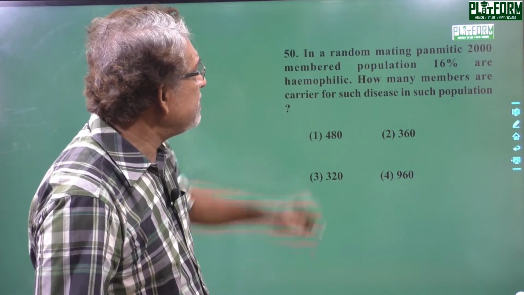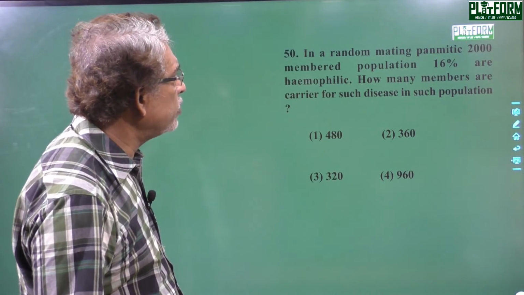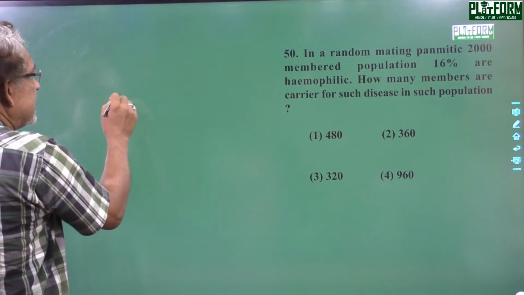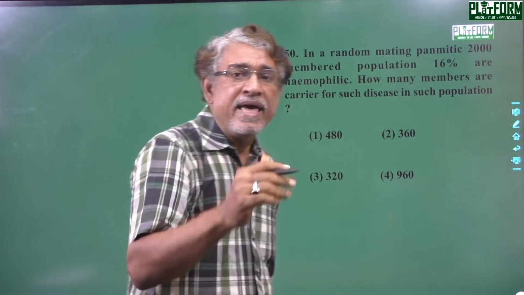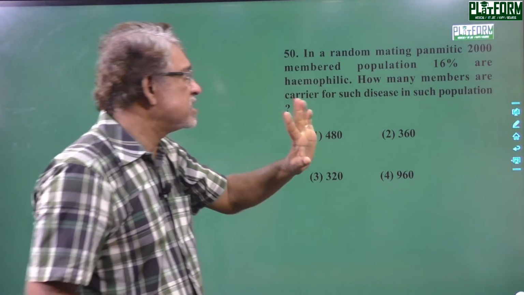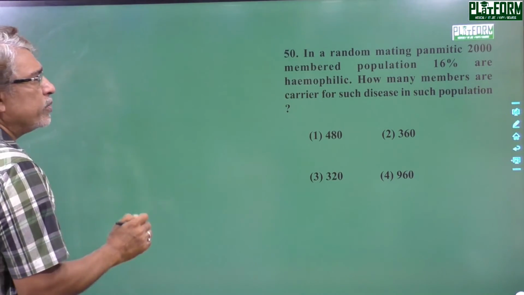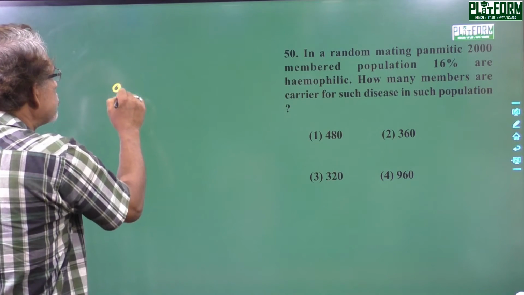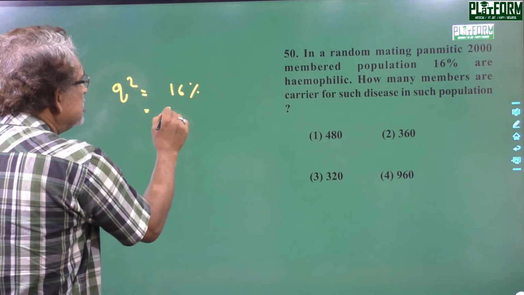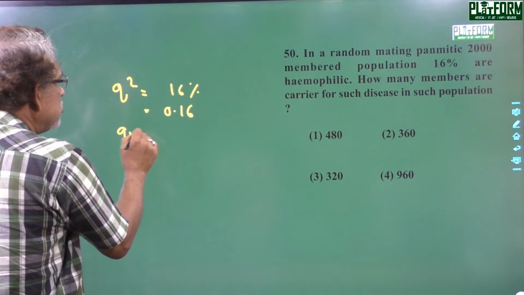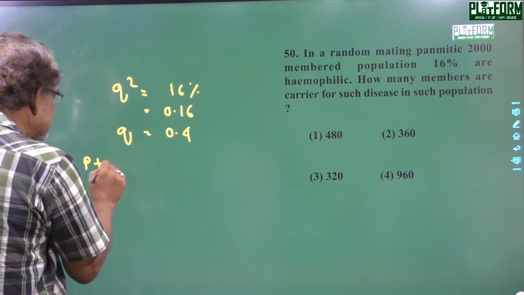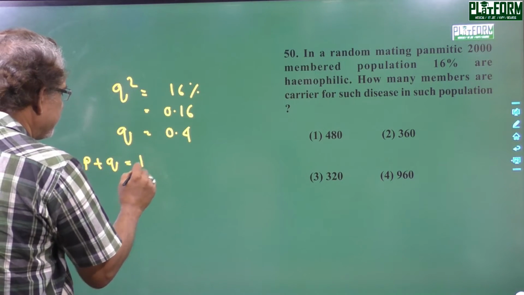In a random mating panmictic 2000 membered population, 16% are hemophilic. Hemophilia is expressed in recessive condition, as hemophilia is a sex-linked recessive character. So according to Hardy-Weinberg principle, q squared is 16%, that is 0.16. So q means 0.4, p plus q equal to 1.